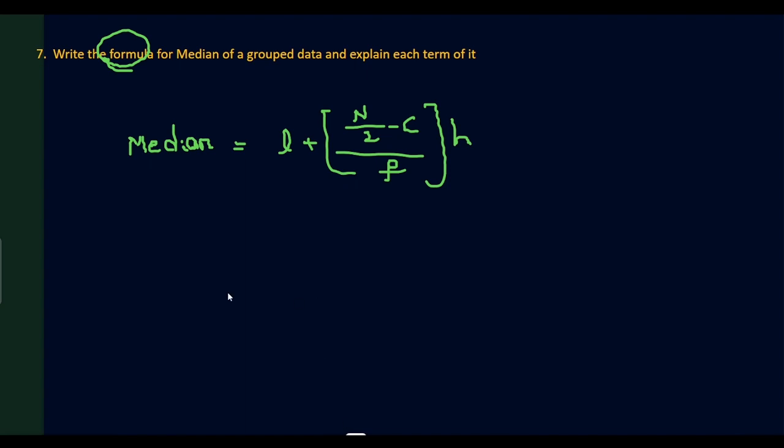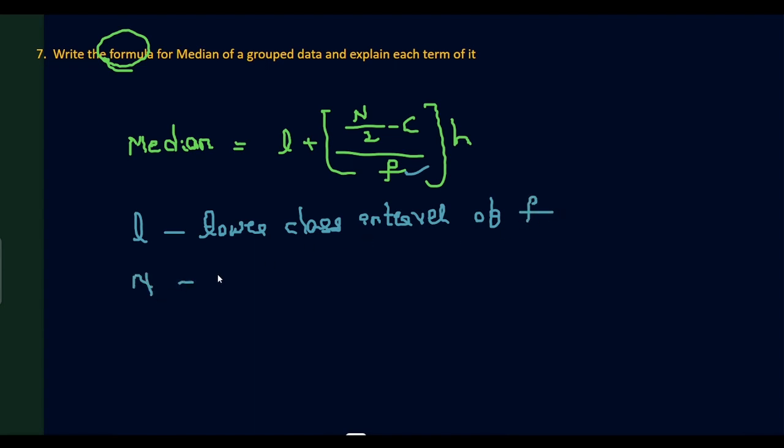Okay, what all the terms here? We have L. What is L? Here we can say class intervals, right? So it is the lower class boundary of the median class interval. Now, N. N is nothing but the total frequency, anyway we'll find the total cumulative frequency, right?